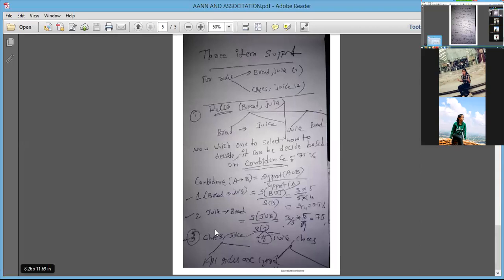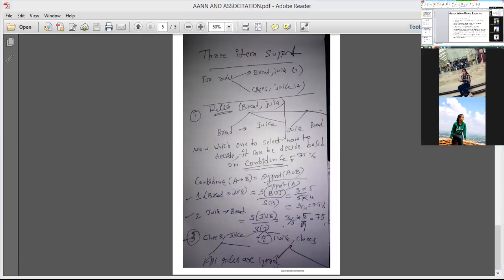So it's very simple. I'm going to write it out so people can see here. It's very simple. 3 divided by 5, because I'm saying support of cheese union juice divided by support of juice.